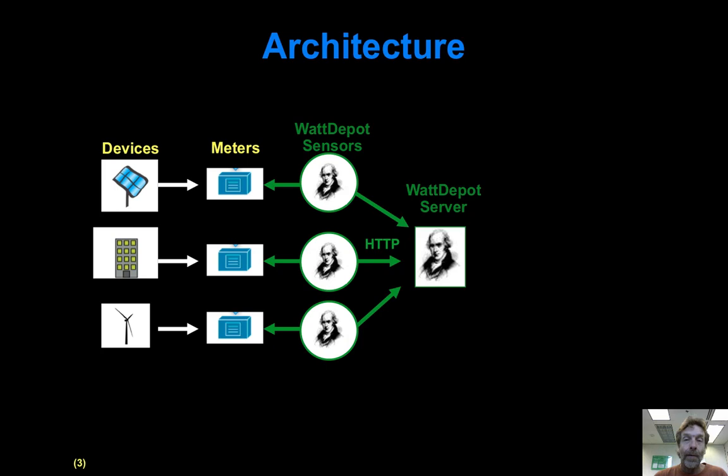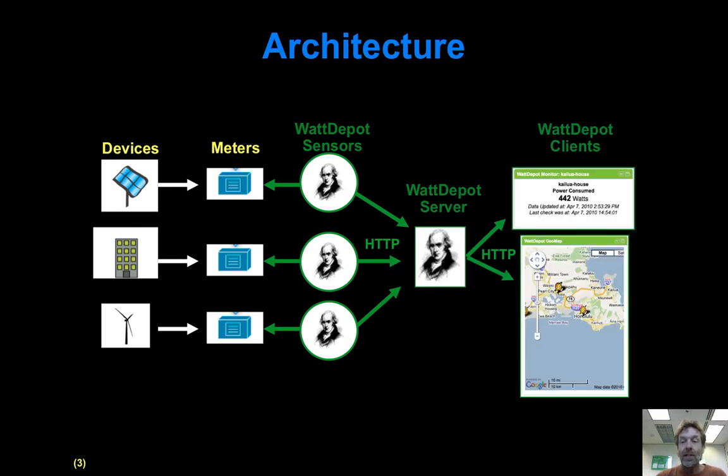And then on the other side, we can have clients, written again in any language we want, that can query our server via HTTP to request information about energy data, and then visualize it in whatever way you want.